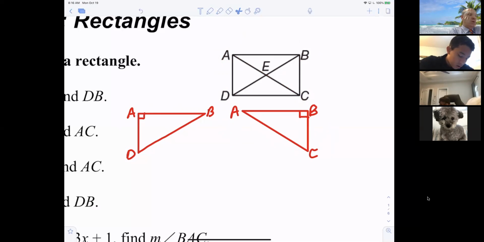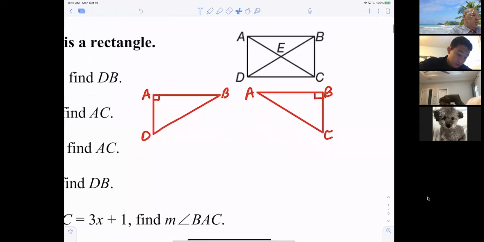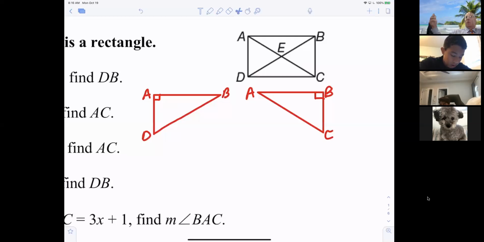Come on, Morty, go. How do I know that AC is congruent to BD? That's essentially what we're talking about. It's so simple. Go, William. Because the triangles are congruent by side and side. Exactly.